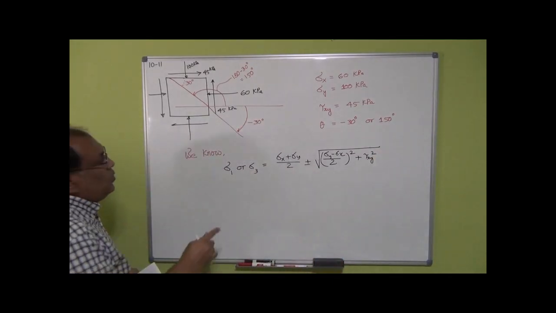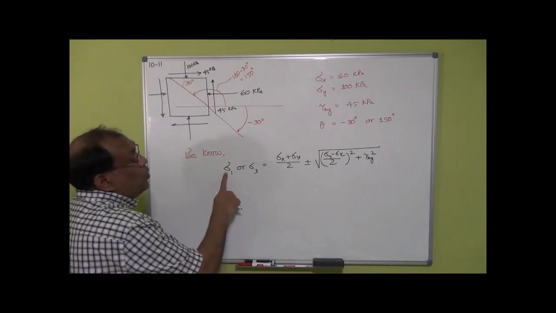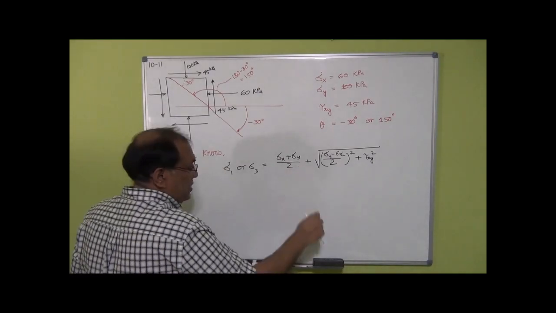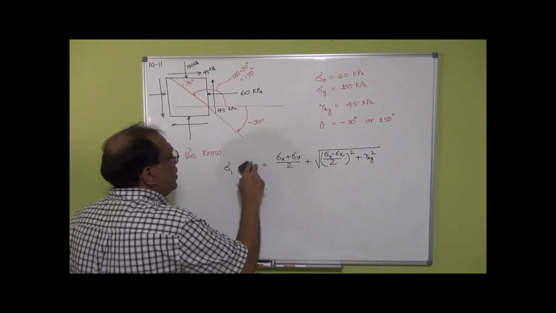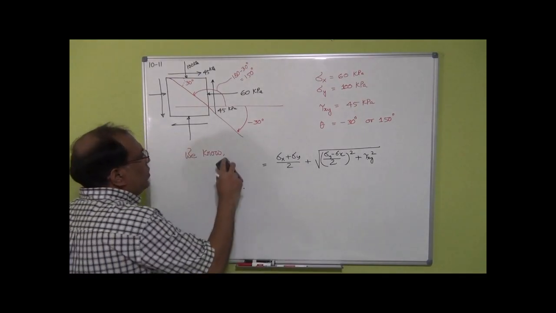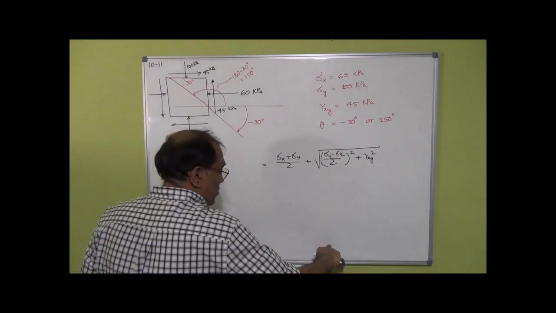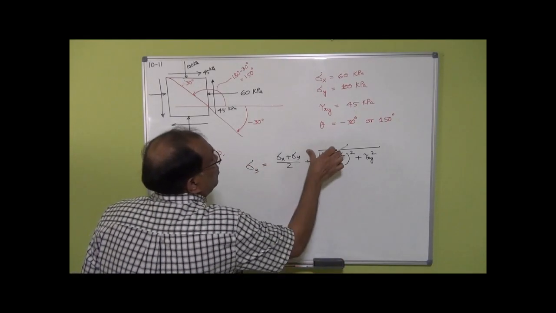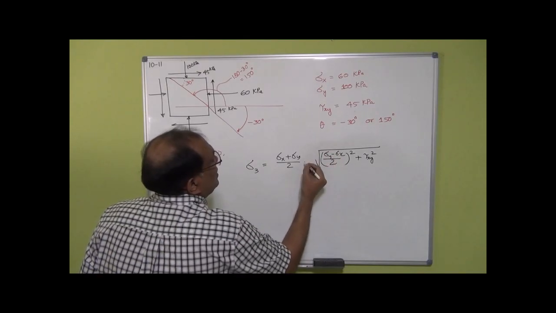When you try to find sigma 1, or major principal stress, it is this plus this. Okay, sigma 1 is this. When we try to find the minor stress, sigma 3 would be this minus this.